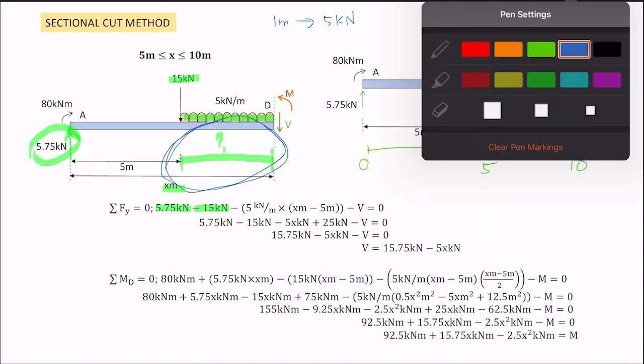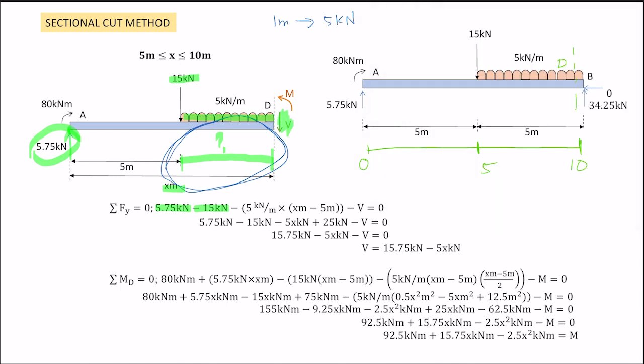Then what we have next is the shear force V going down, therefore minus V equal to 0. 5 kilonewton per meter times X, so 5X kilonewton. 5 kilonewton per meter times 5 meter. Okay, don't forget negative and negative, when you multiply it becomes positive. 25 kilonewton minus V. So you can get the value of V, which is 15.75 kilonewton minus 5X kilonewton.